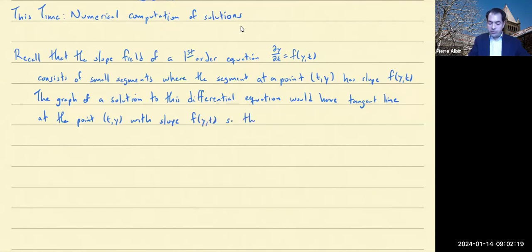So the segments are good approximations to the graph.